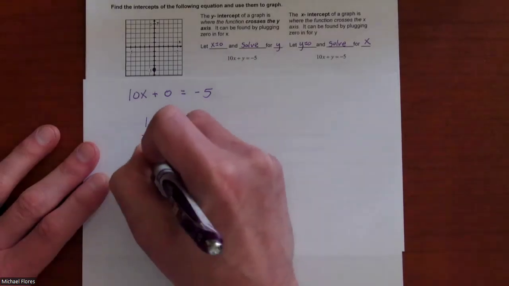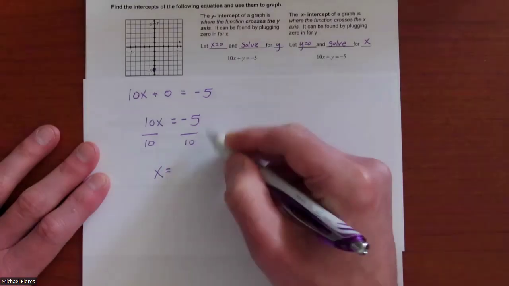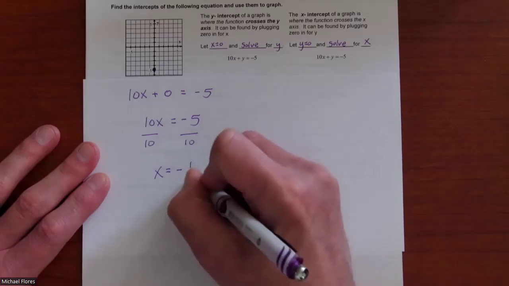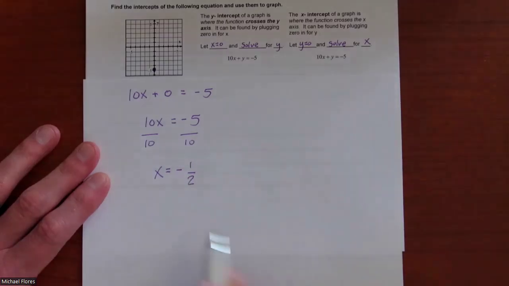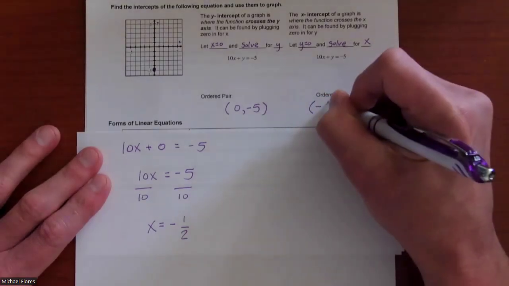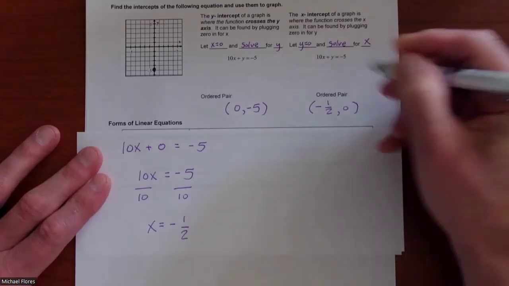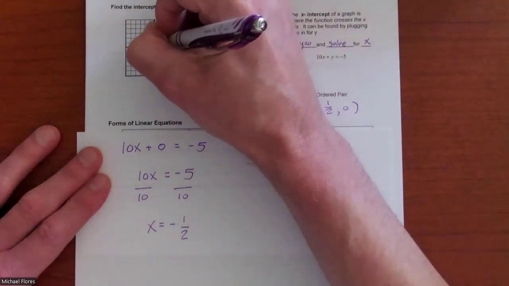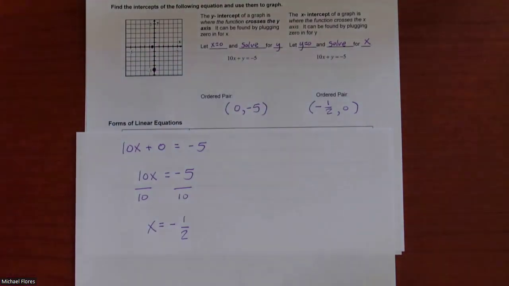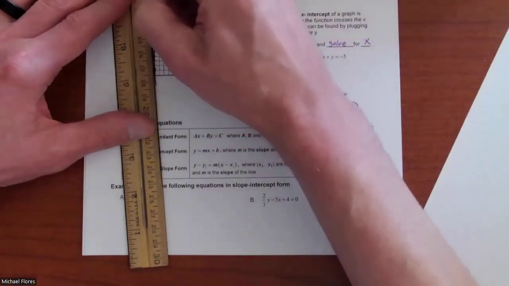Now divide away the 10. And please remember to reduce your fractions if they will reduce. -5/10 is the same thing as -1/2. That's our x-intercept. And as an ordered pair, it's (-1/2, 0). Well, -1/2 we'll put right here. It's right in between 0 and -1 on the x-axis. And then we can graph. Just take those two dots and connect them.